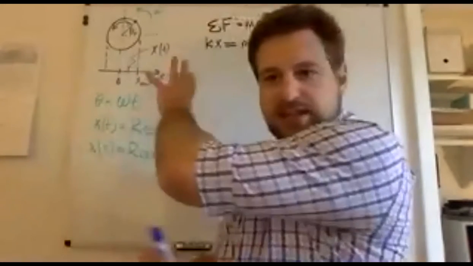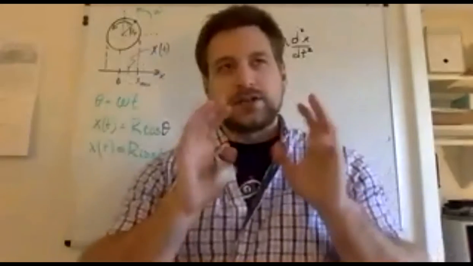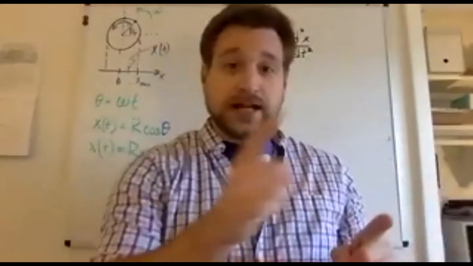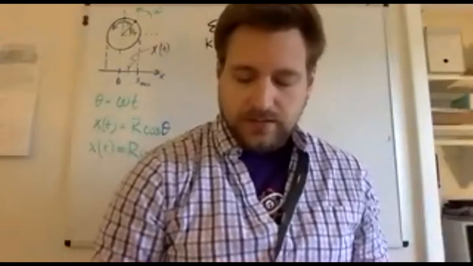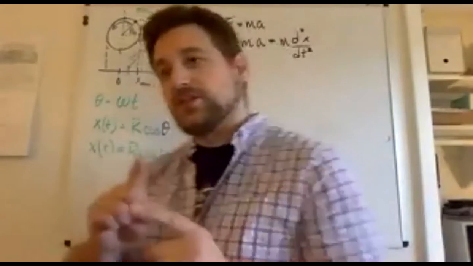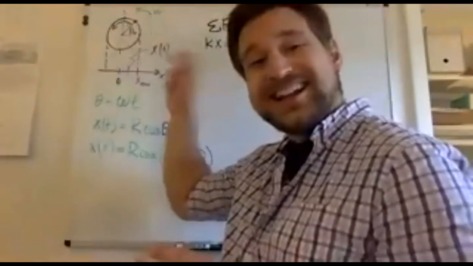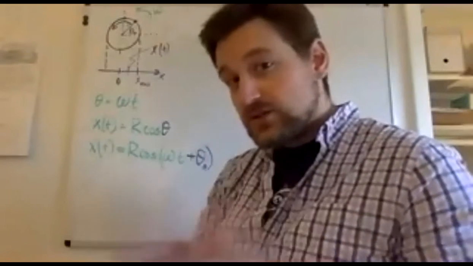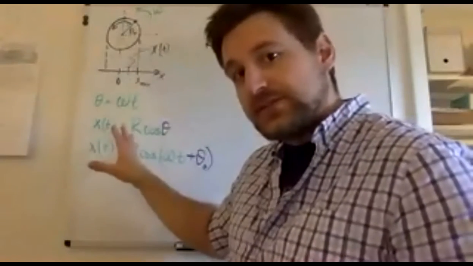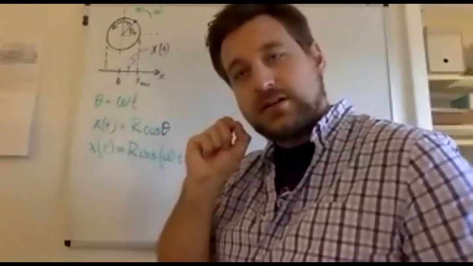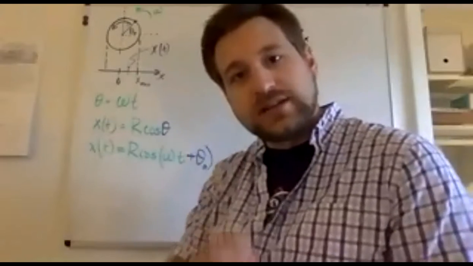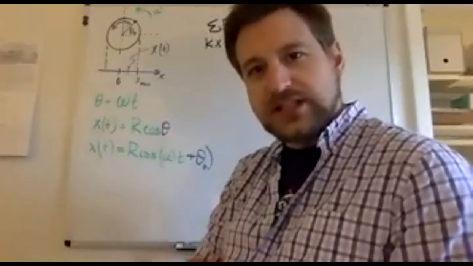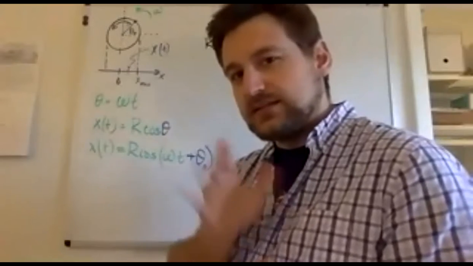If this is going to work as a model for actual periodic motion, then we're going to have to make sure that our model aligns with the reality. And there's two pieces of this puzzle that we have to make sure are equal to what they should be. There's one piece that's relatively clear and another piece that's going to take a little bit of work.